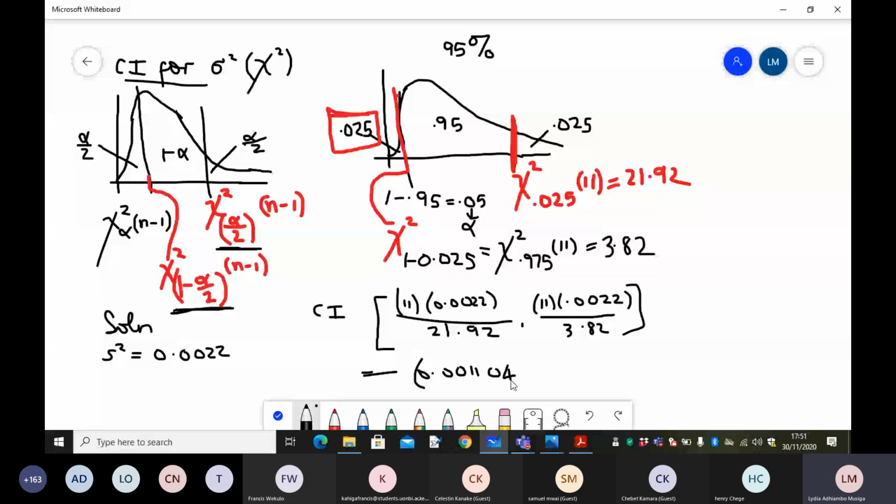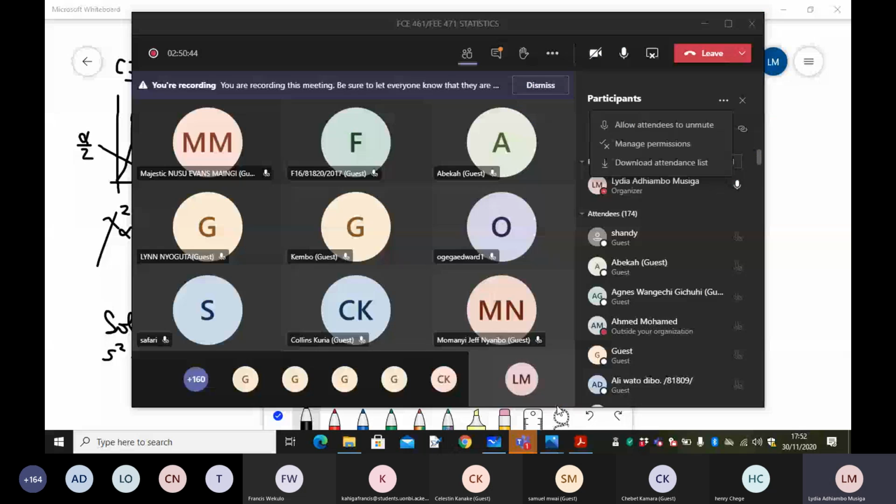I don't have the other answer. Let me calculate mine, and you also calculate yours. You put yours on the chart, and I confirm with mine. Okay, let me check whether your answer is the same as mine.